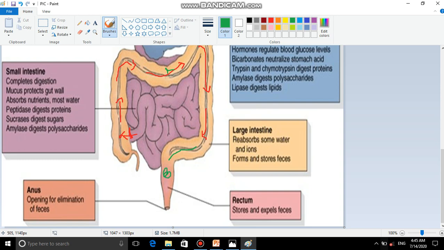By this time it is converted into semi-solid form and it gets stored here in the rectum. Most of the water and minerals are absorbed.